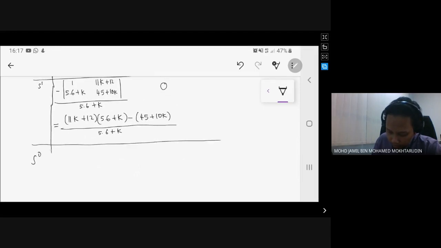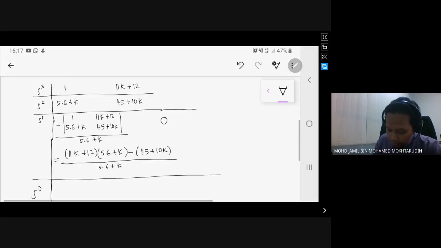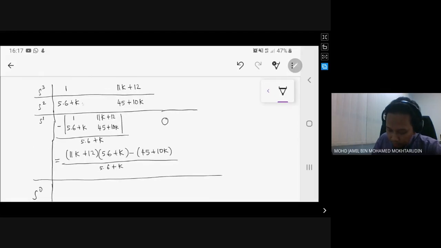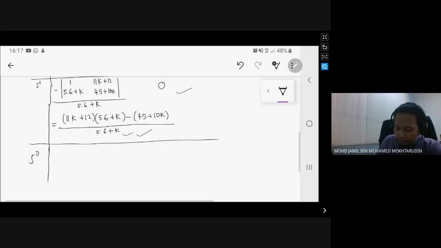So s naught will be the determinant of this, and 0, divided by this. You can write all of them back once again, or you can simply take 45 plus 10K.